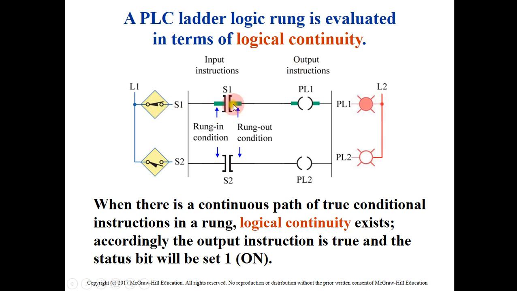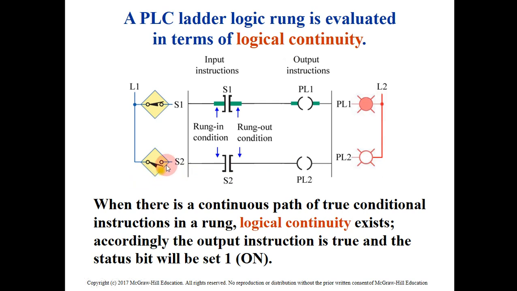You can see the rank in and rank out conditions for this instruction, S1, are green, so it's active. That means there is continuity and this instruction is true. For that reason, your output is also green, so the output instruction will also be true. Since the output instruction is true, the output device will be lighting on, for example.